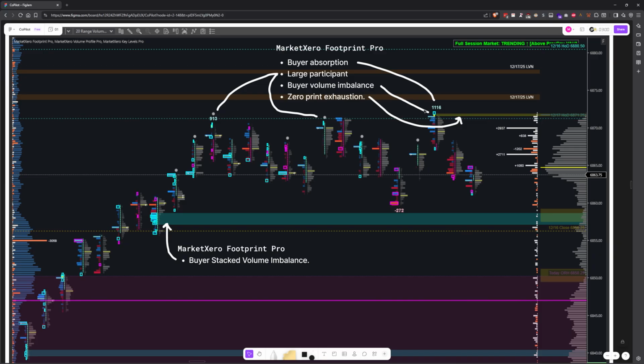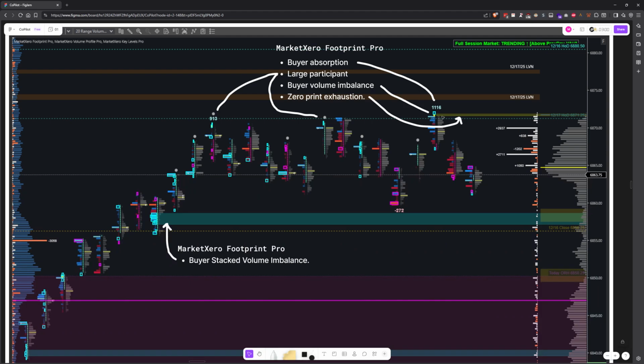Here we've seen a lot of buying happening. It was just getting absorbed, and finally we saw this, I guess, triple top reversal at yesterday's high of day. We had over 1,000 buyer absorption at the high of day with a buyer volume imbalance along with a zero print, which means here we were observing that there were buyers, but nobody taking the opposite side of that trade.